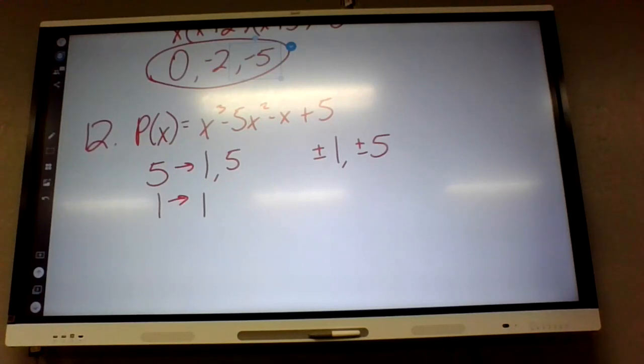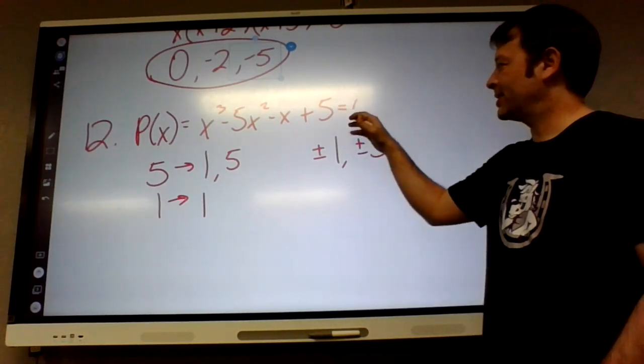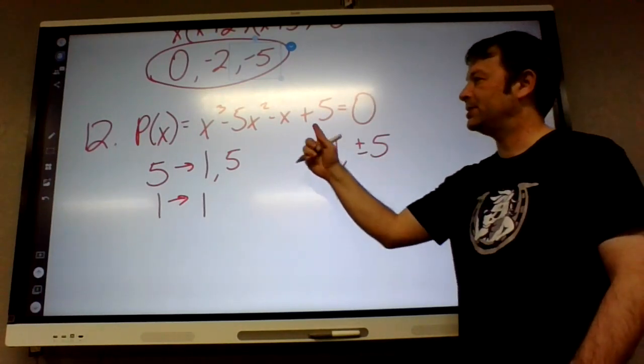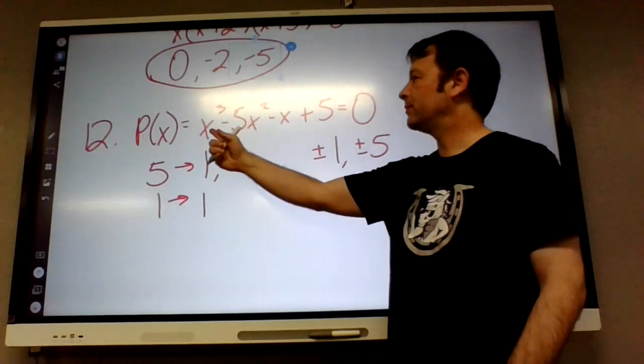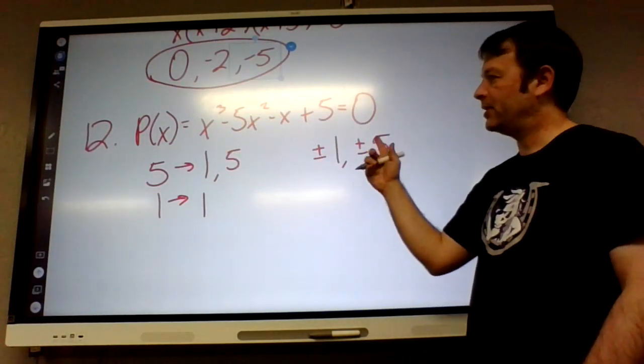Okay, now how do we figure out if it works or not? When they say the zeros of the function, they mean the x values that make the function equal 0. So we need to plug this in and see, does 1, for example, make all these equal 0? Or does negative 1, or does 5, or negative 5?